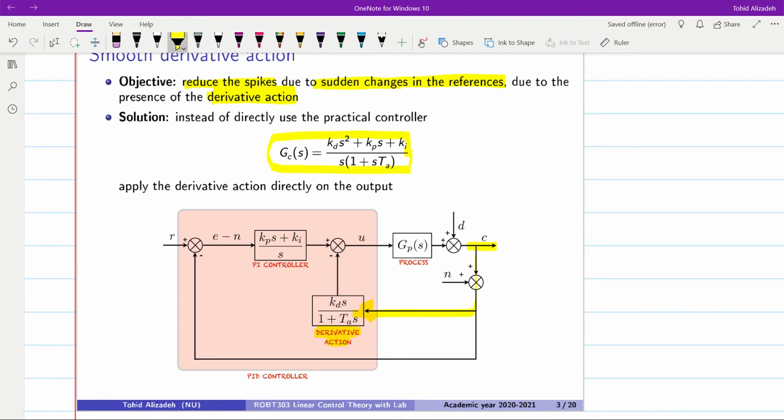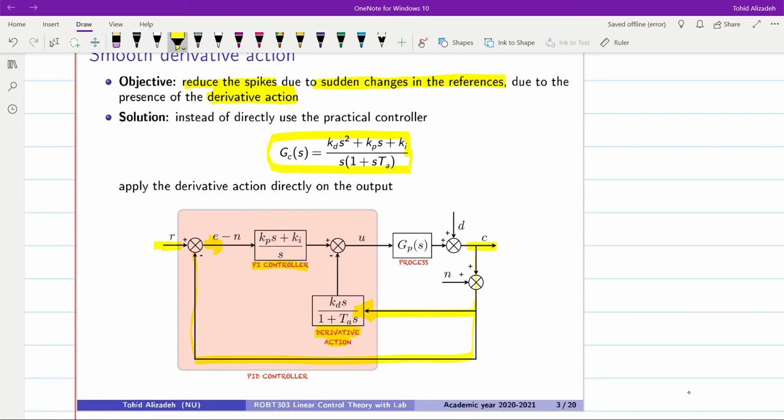For the proportional and the integral part, for the PI part of the controller, we will still use the error signal, so reference minus the output, which is the error. We also have the noise here. For the derivative action, instead, the output will be directly used as the input.